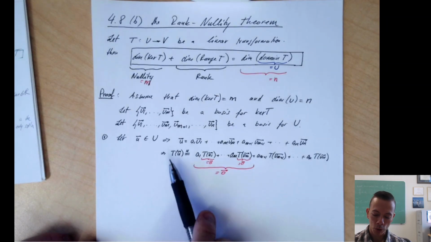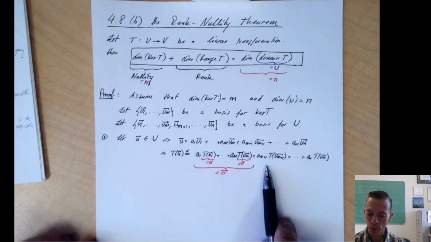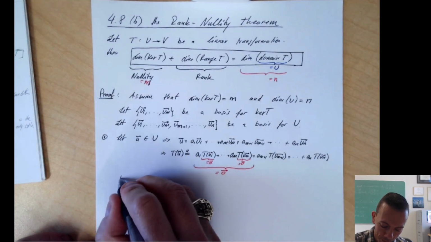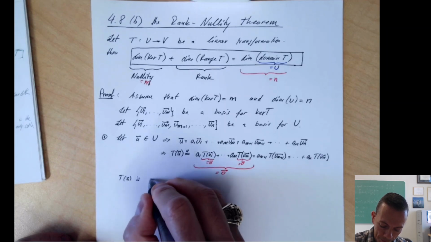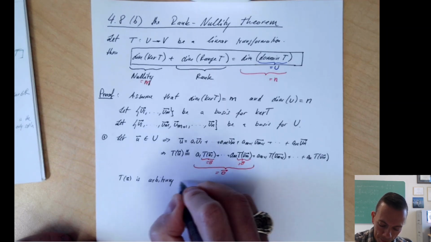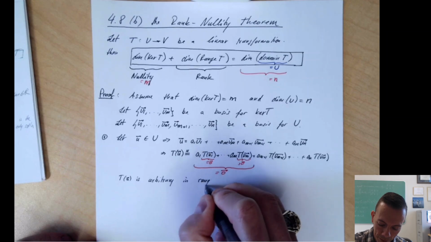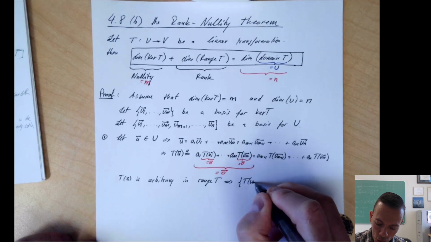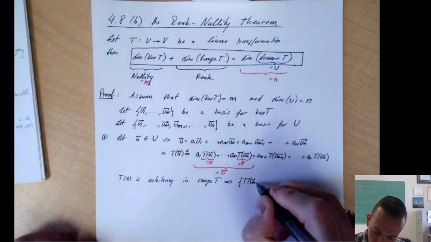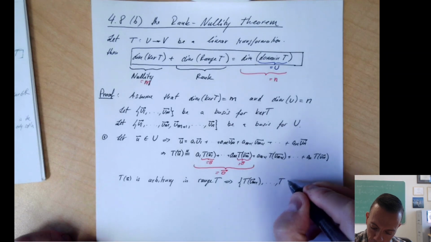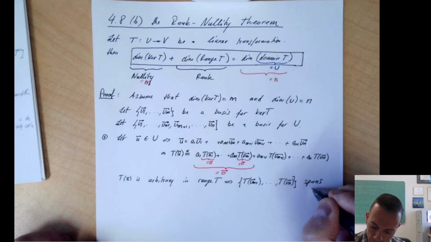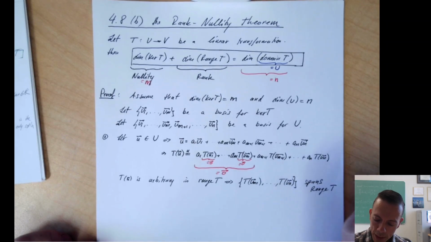Because this vector T of u is completely arbitrary in the range, we see that here we have a set that spans the range. So the set of vectors T(u(m+1)) through T(un) spans the range of T.